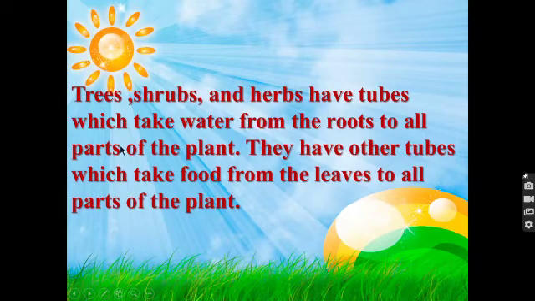Means the plants which are grown well like trees have two types of tubes. One is for carrying water from the roots, and the other tubes are used to take food from the leaves to all parts of the plant.